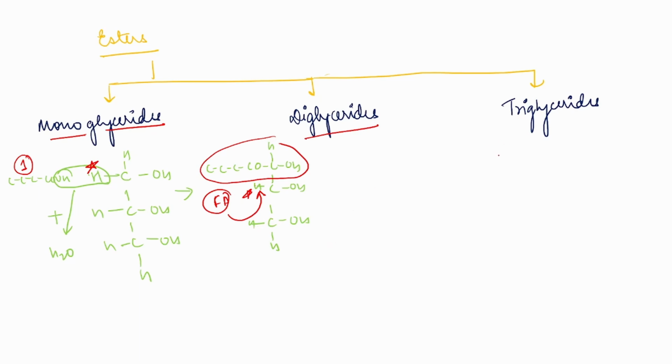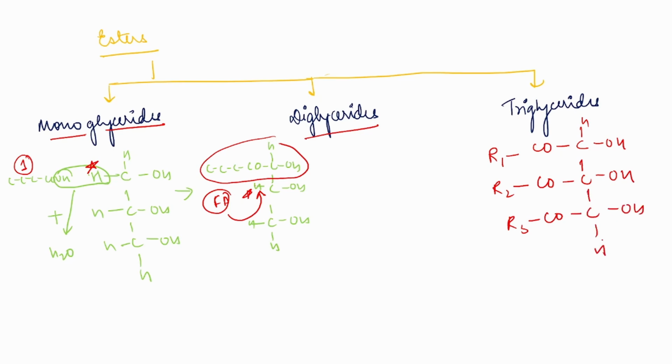If I consider R1 as a long chain of carbon, the CO of the carboxylic acid attaches directly to the CHOH group. R2 is again directly attached, and R3 as well. This is a triglyceride.